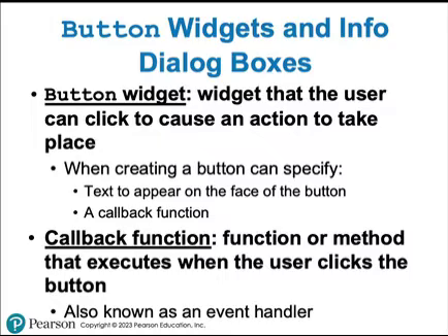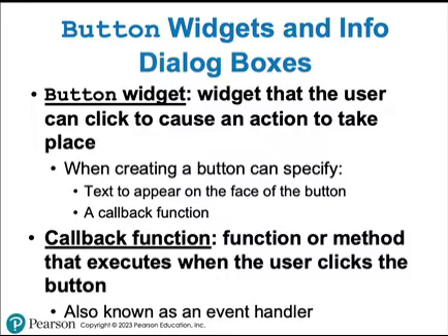We have buttons that a user can click on and something happens. You have text that can appear on that button so that the user knows what they're supposed to click, like there might be a calculate button that performs some type of calculation.